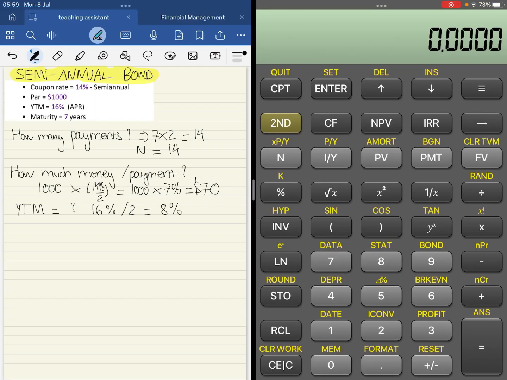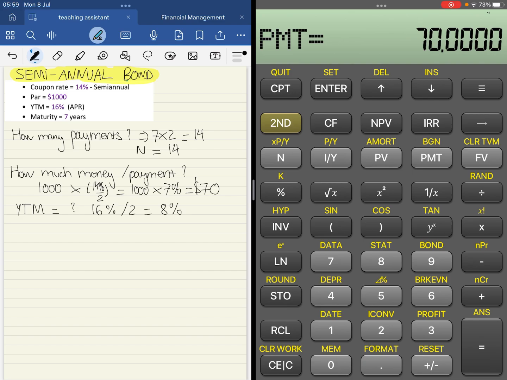Let's try to calculate the price of this bond by using the BA calculator. First we know that the number of payments is 14. So we type 14 N, and the I/Y, which is the yield to maturity, will be 8%. So 8 I/Y. The payment is $70 per time. So 70 PMT.